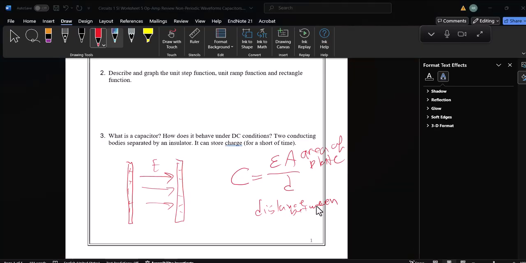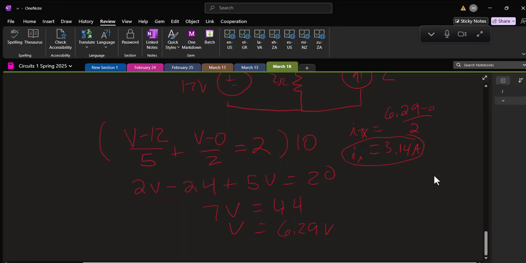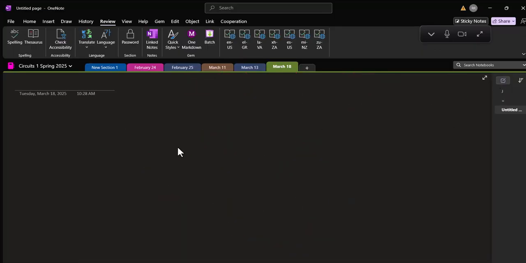The other things that you need to know about capacitors is that the charge is proportional to the voltage, and that proportionality is the capacitance.